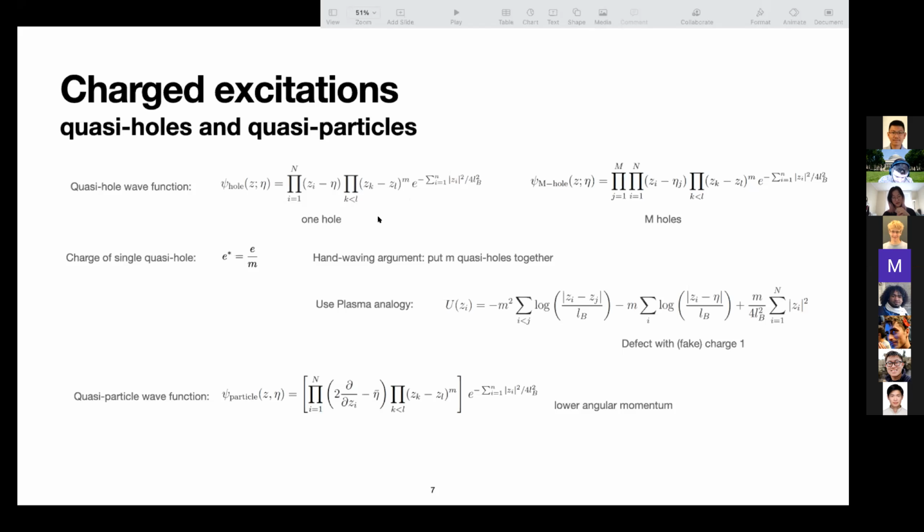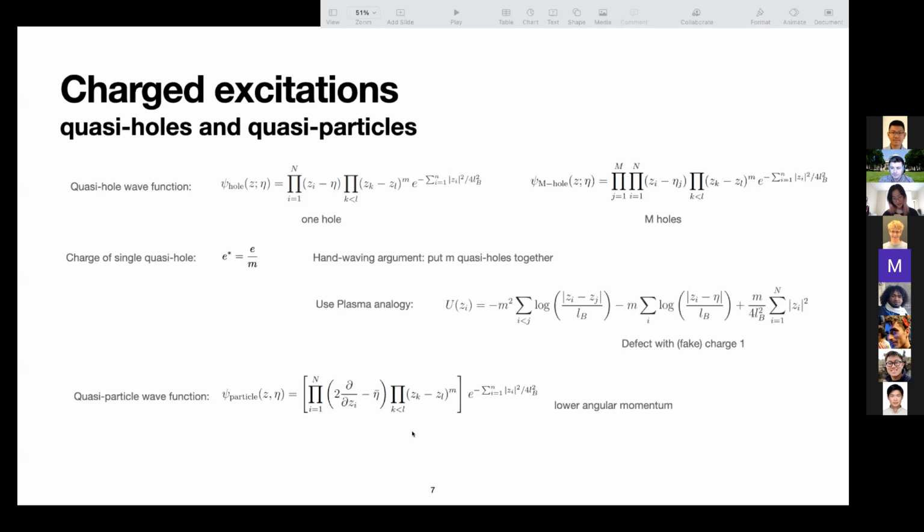If we want to introduce a particle, that means we want to lower the angular momentum. One way to do that is, of course, to divide this by itself once, but then it's problematic because it will introduce a singularity.